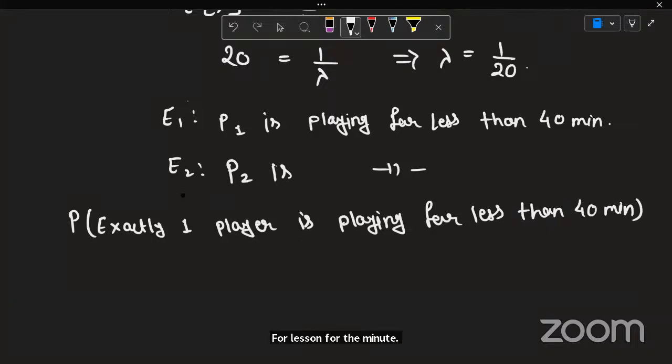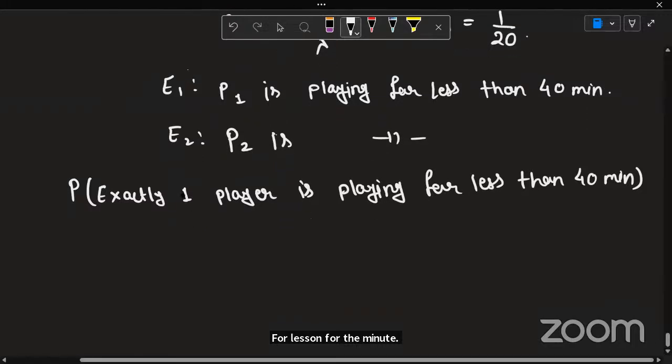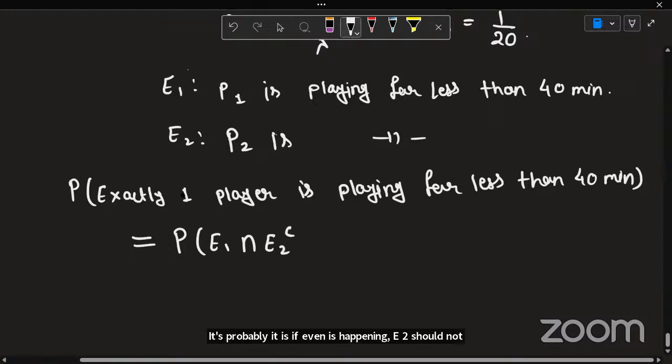Now you have 2 events and you want exactly one event should happen. So how will you go for it? Its probability: if E1 is happening, E2 should not happen. Then only E1 will happen, right?